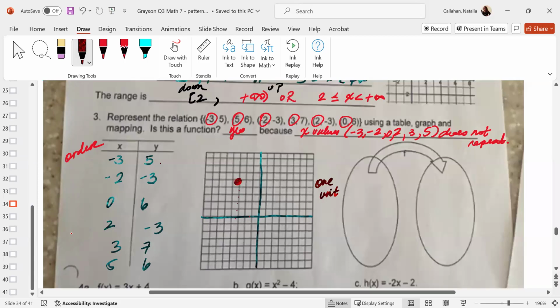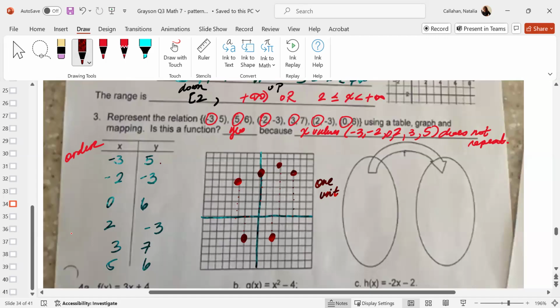Right there. -2, -3. 0, 6. 2, -3. 3, 7. 5, 6. All right, that's your graph. You don't need to connect or anything. It is just what it is.